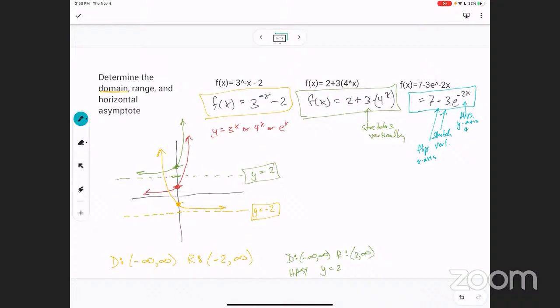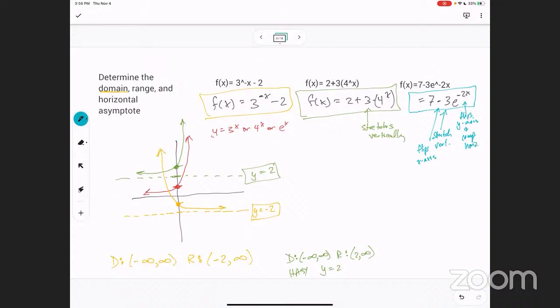When it's 2 with the x, is that going to stretch it or compress it horizontally? If you square something, it goes up faster. So this is actually going to be compressed. This compresses horizontally. So does compression mean it like gets bigger?